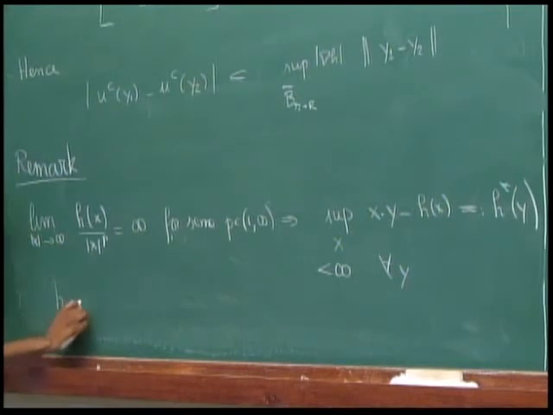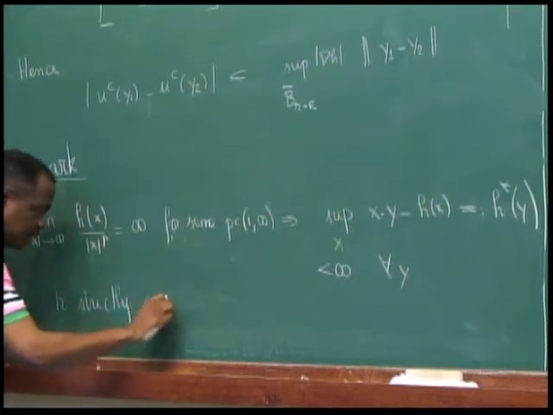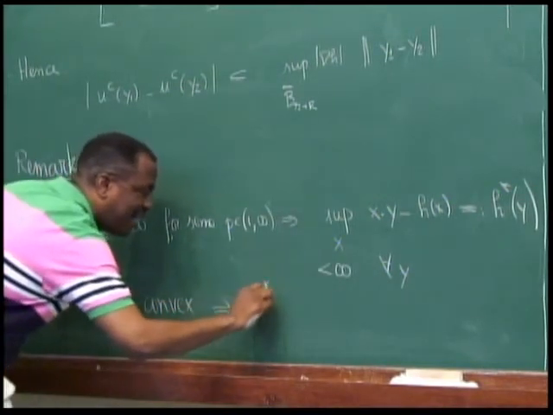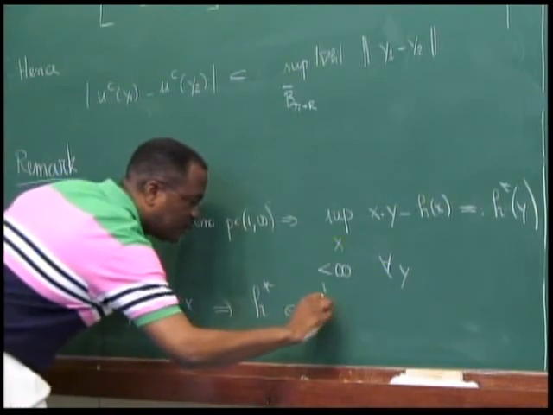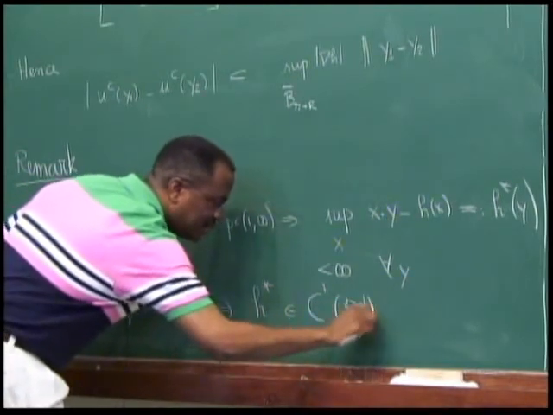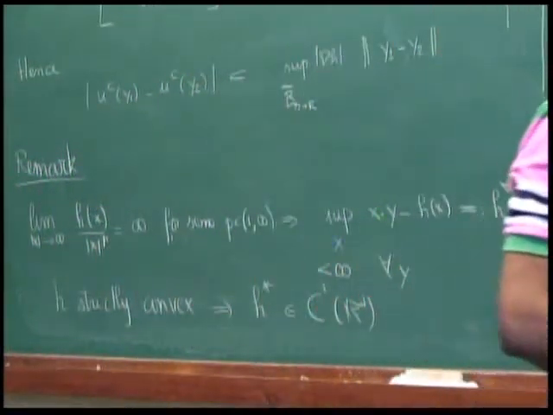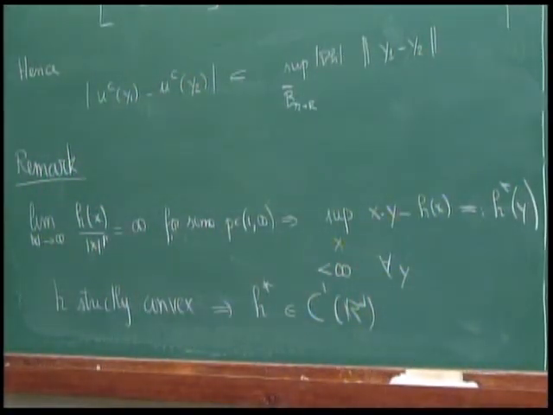H strictly convex implies H star is of class C1. Actually this will be part of homework number 3. I will also lay down the steps to prove that strict convexity is equivalent to smoothness of the Legendre transform.